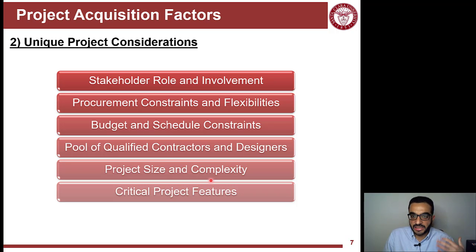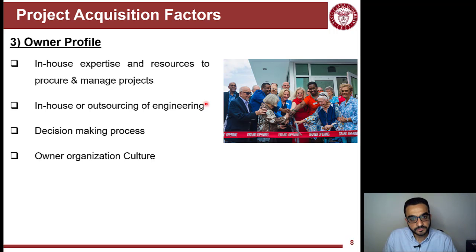Are there any key new technologies in this project? Do you have any constraints from the government on how you select team members? Especially public owners of transit systems or highways have to be transparent about how they pick the team members of their projects, and how involved their stakeholders are in defining the project outcome.